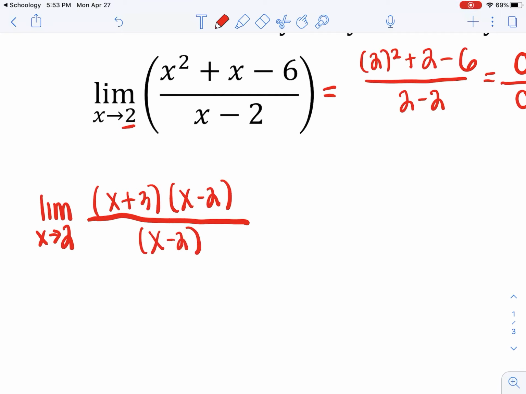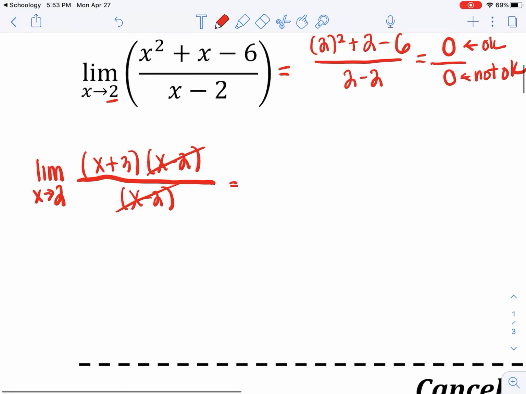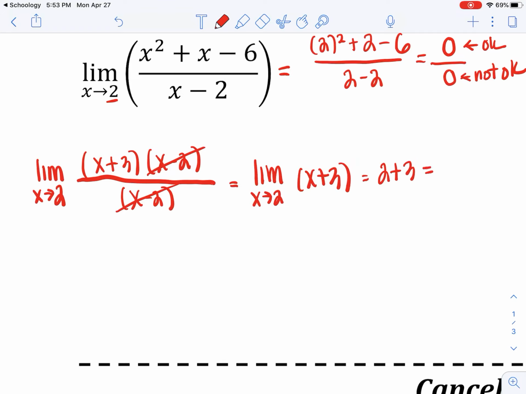Is this simplifiable? Yes. x minus 2 divided by x minus 2 is 1, so that cancels. So this is equivalent to the limit as x approaches 2 of x plus 3. Can I solve that analytically? Can I solve that using direct substitution? 2 plus 3 is 5. So the limit is 5, okay?